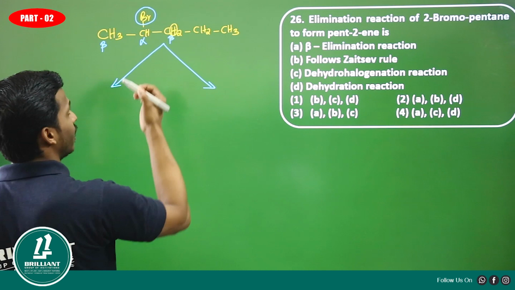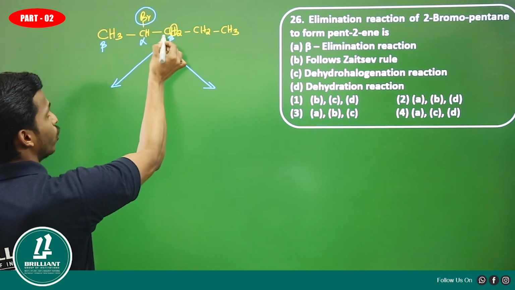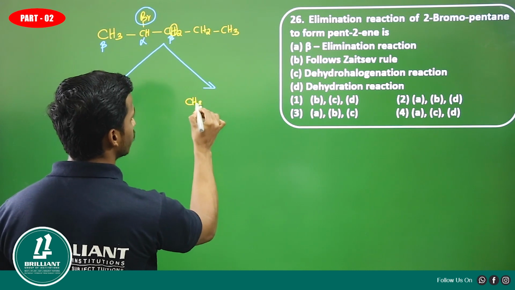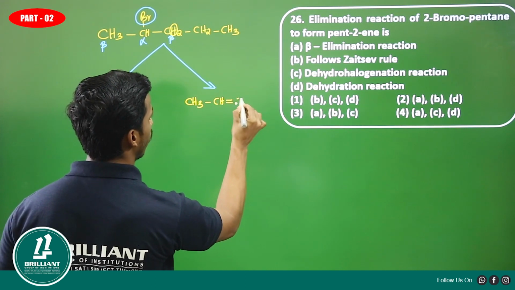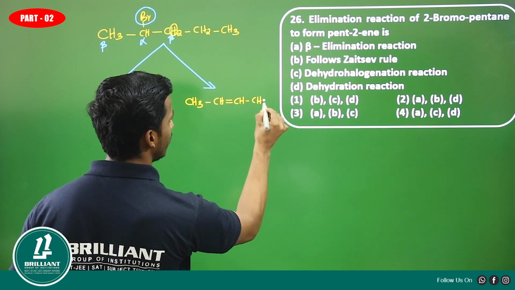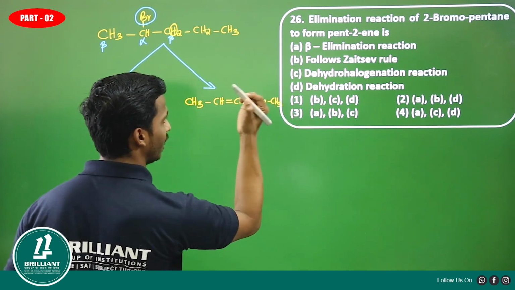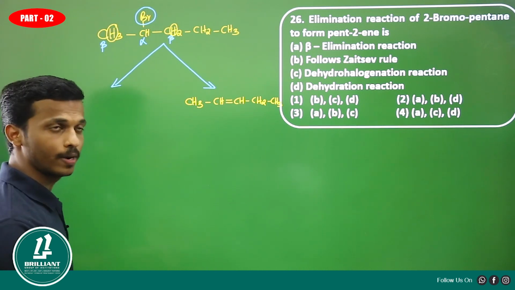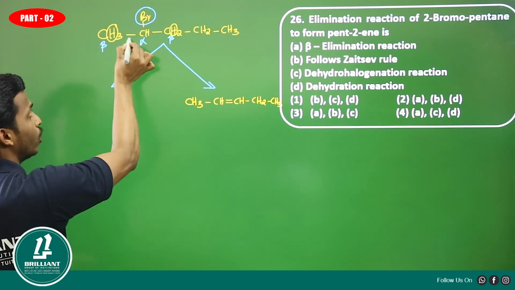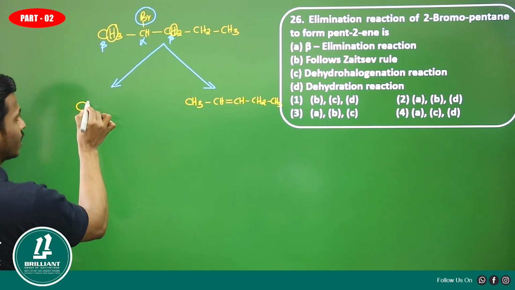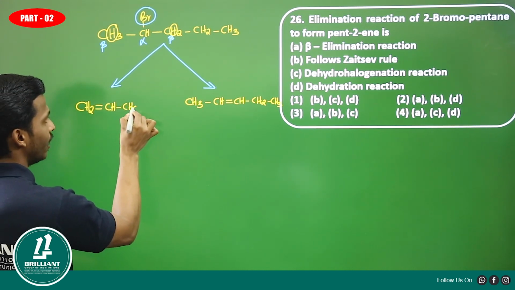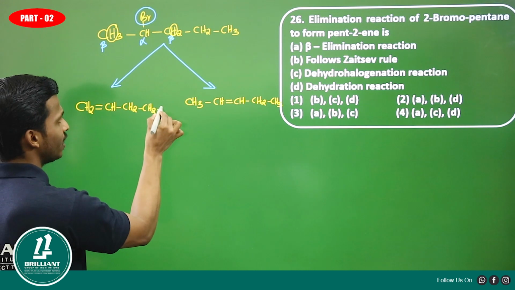Either you can eliminate this hydrogen and this bromine to develop a double bond here, so you will get the compound CH3, CH double bond CH, CH2, CH3, 2-pentene. Or you can remove hydrogen from the other beta carbon and bromine from here and get a double bond, so you will get CH2 double bond CH, CH2, CH2, CH3.